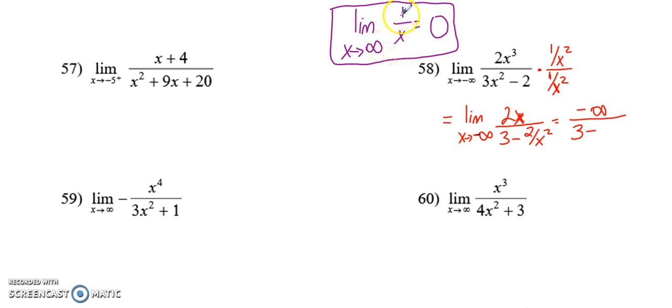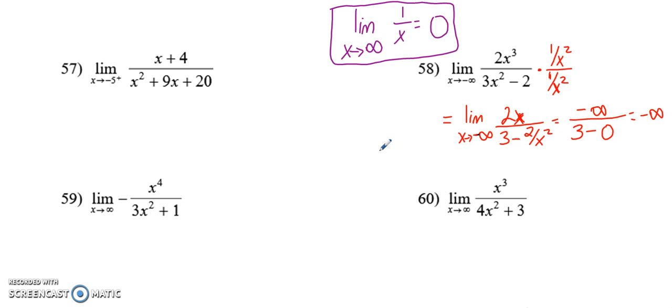It doesn't matter if we multiply by 2 or x squared. Again, 2 over a number getting really big ends up being 0. So negative infinity divided by 3 is negative infinity. Now, that's fine and dandy for an answer. I know negative infinity is not a real number within the limit either. So we're looking at behavior, and that's the key.